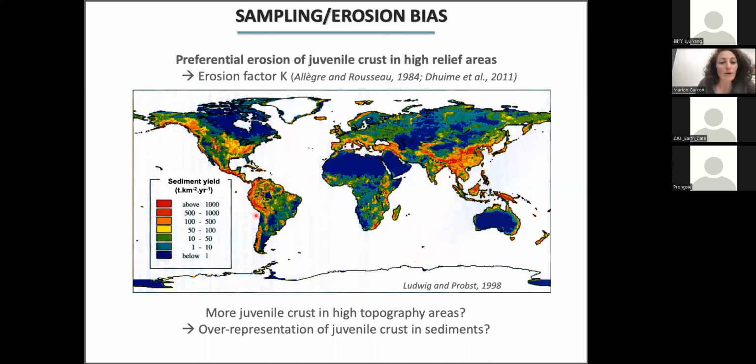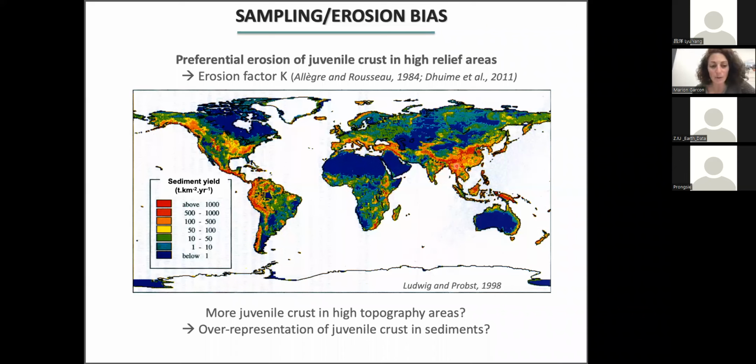The colors correspond to the sediment yield, and you can see that the highest sediment yields are in red, and they generally correspond to the mountain belts, so the Andes here, the Alps, the Himalayas, of course. And so this means that if you have more juvenile crust, as suggested by Allegre and Rousseau, in these areas, then you might, in fact, overrepresent the juvenile crust in the sediments.